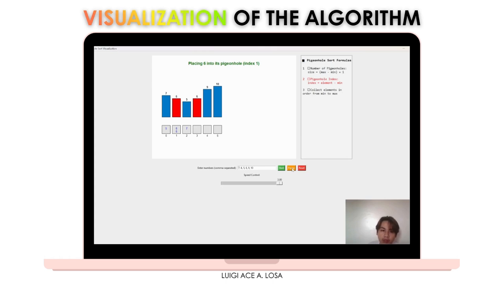The remaining two numbers, 9 and 10, are placed in 4 because 9 minus 5 is 4, and 10 minus 5 is 5. Each number goes into the box corresponding to its value.